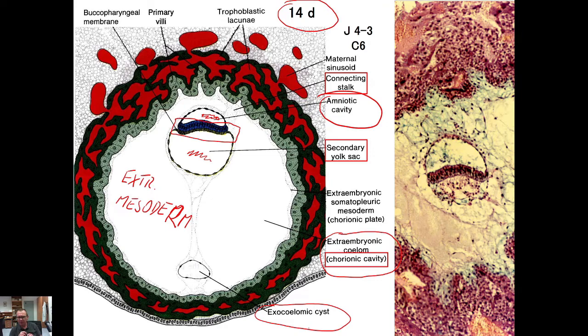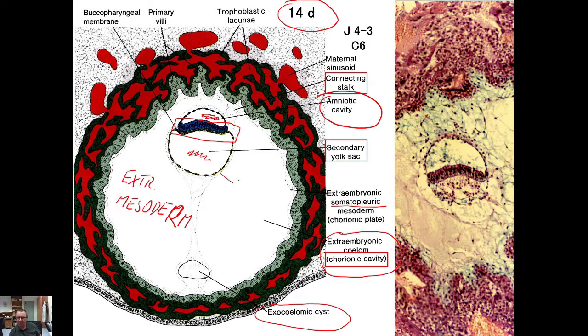These two sublayers are called extraembryonic somatopleuric mesoderm or somatopleuric layer, which lines the trophoblast, which forms also the connecting stalk, and which covers the amniotic sac, amniotic cavity, very small at this time. And the second layer is called the extraembryonic splanchnic layer. It is this layer which is surrounding the yolk sac.